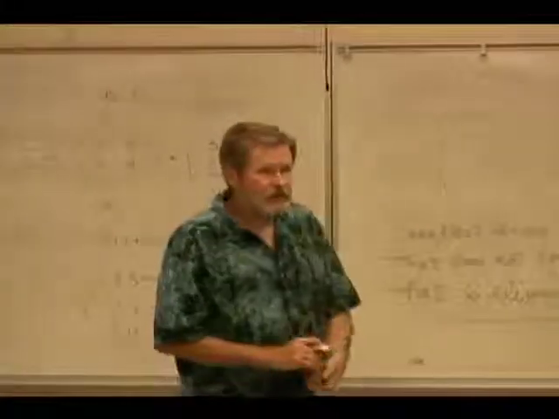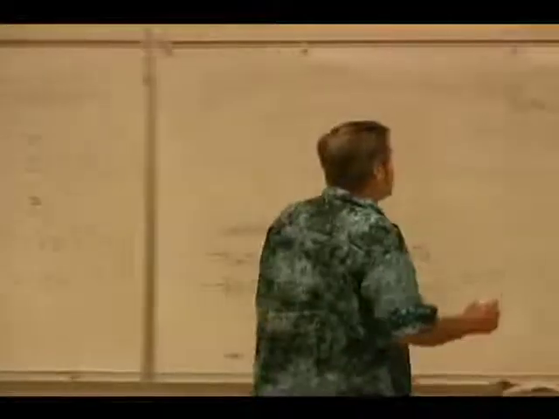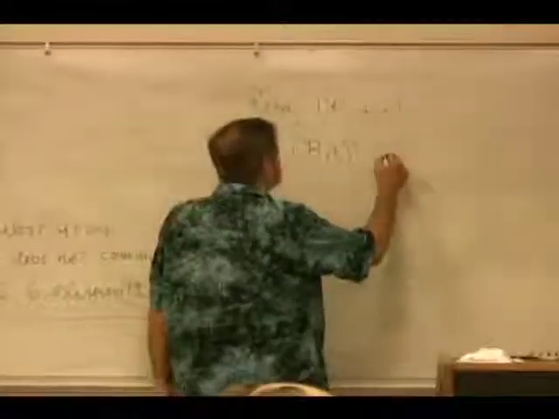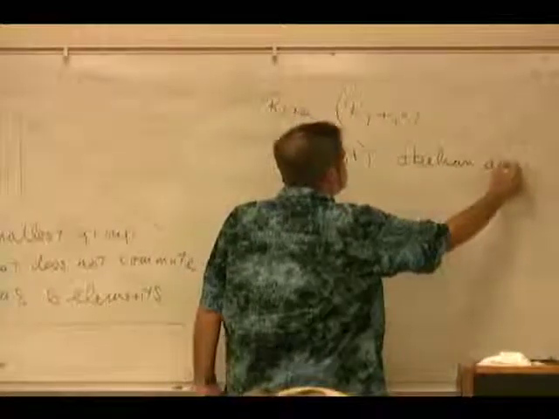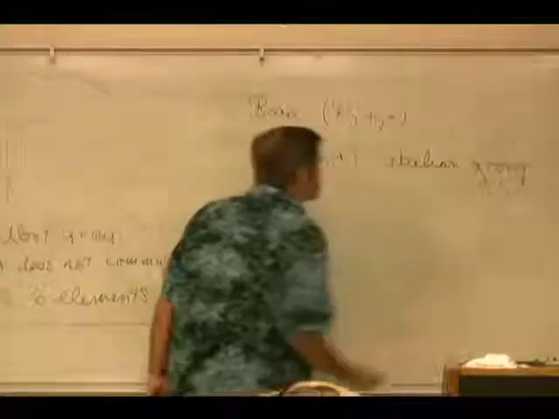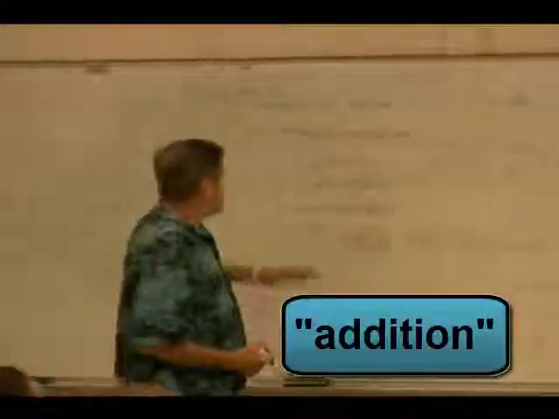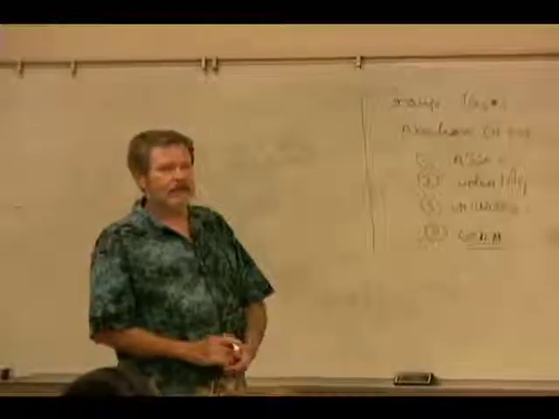How do you distinguish between the two? Well, whichever one is plus forms an abelian group, which means that under addition, or the operation that's called addition, it satisfies all of these conditions.